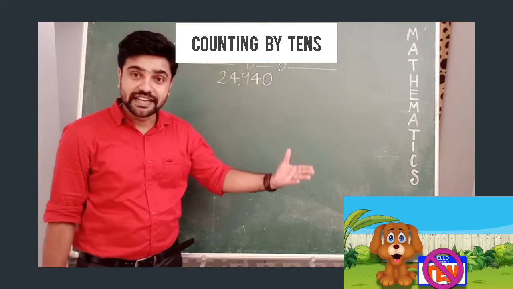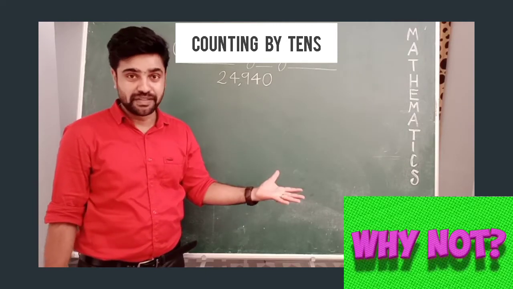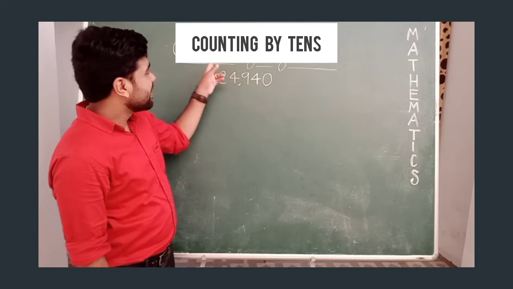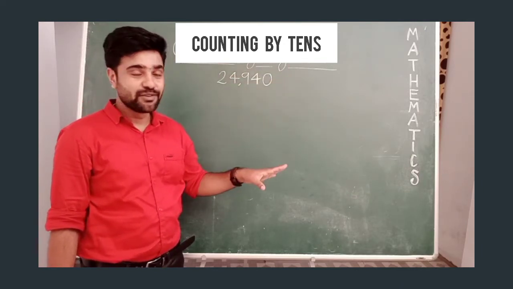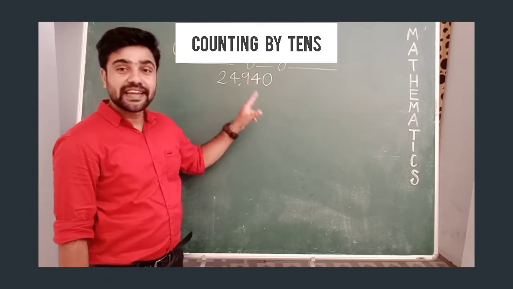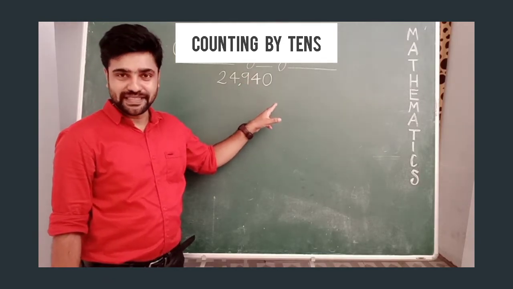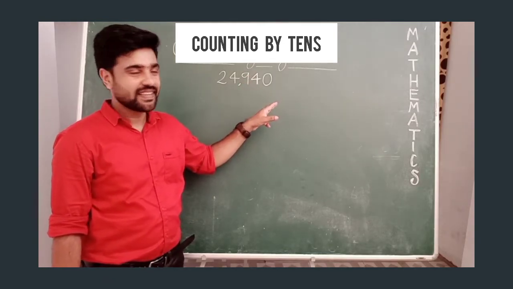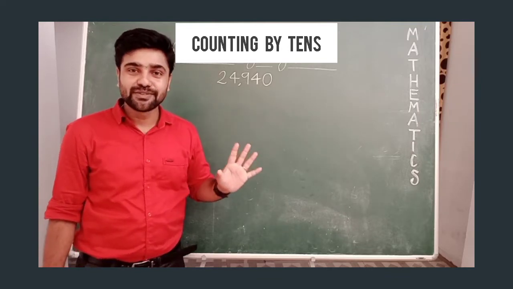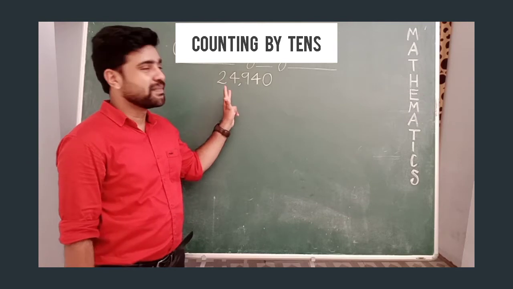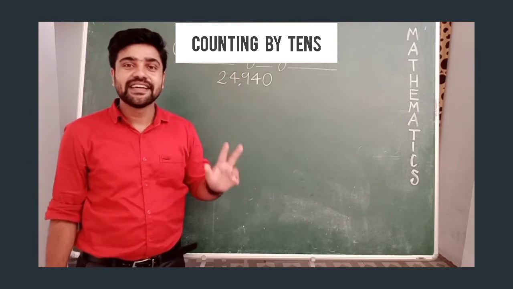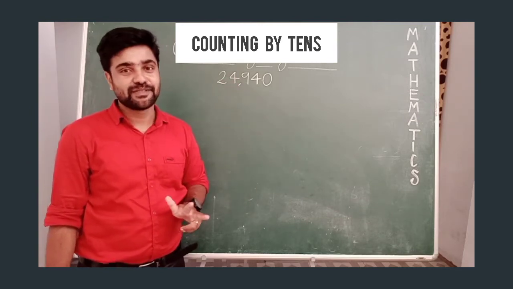Write the next three numbers or next four numbers. Counting by tens is very easy to do. Add 10 to the given number. If the question is to write three numbers from the given number, we have to add 10 three times.